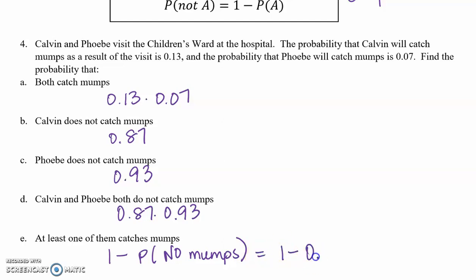So that's 1 minus 0.87 times 0.93. The phrase at least 1 or at least 2 is when you know that you should be doing this complement idea.